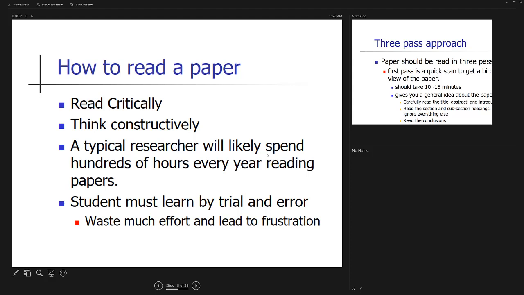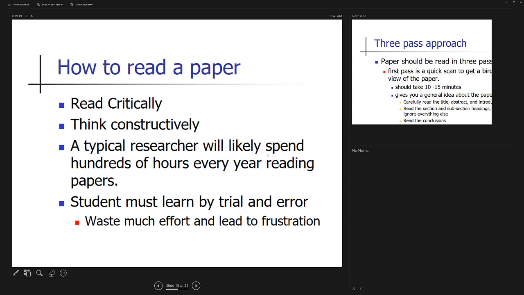Okay, so two things I told you: always read critically, very minutely, go to very fine-grained details. Always read critically, but not all papers.